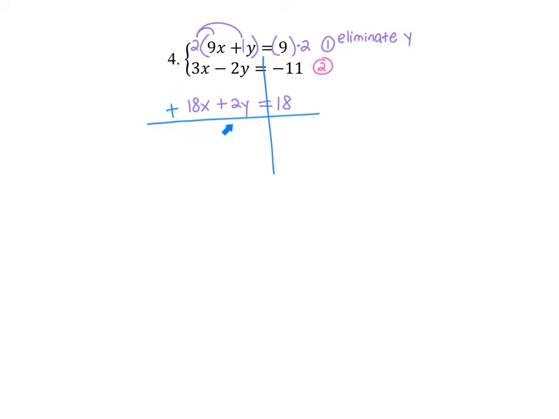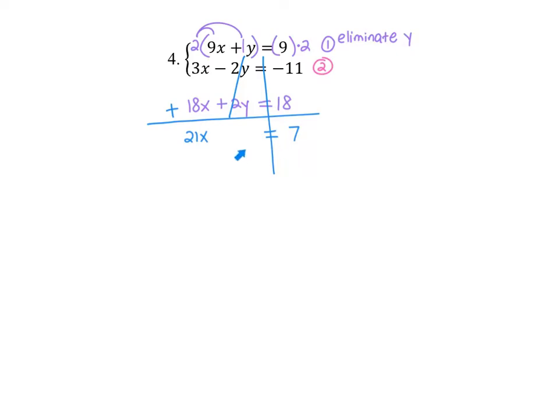Combining like terms, 3x plus 18x is 21x. And then negative 2y plus 2y zeroes out or eliminates, which is what I expected. And then equals negative 11 plus a positive 18, which would be positive 7. Great, now we have one equation with one variable and we can finish solving.